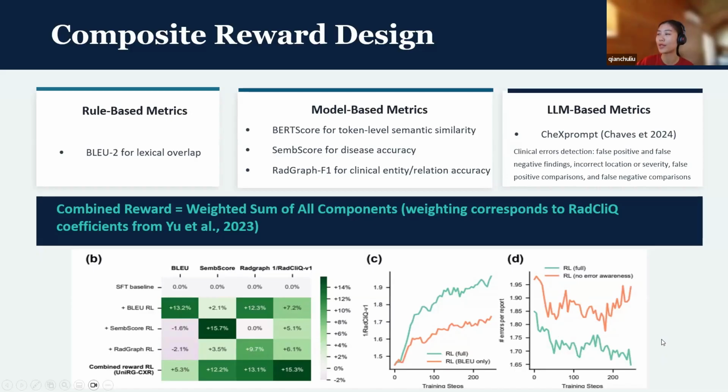So this motivates our design choice of not relying on one single metric, but leveraging the different metrics, and also skewing heavily towards the RadCliQ composite score weighting to make sure that we are aligning to human preference as much as possible.